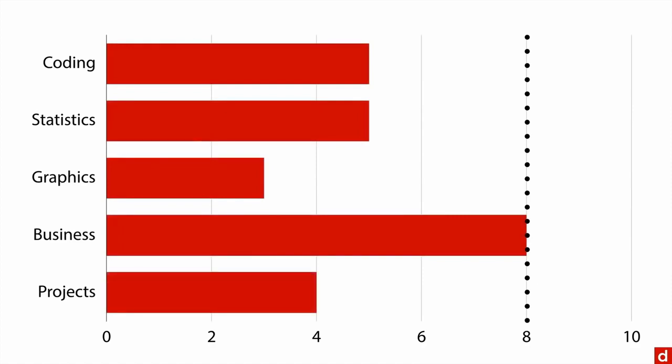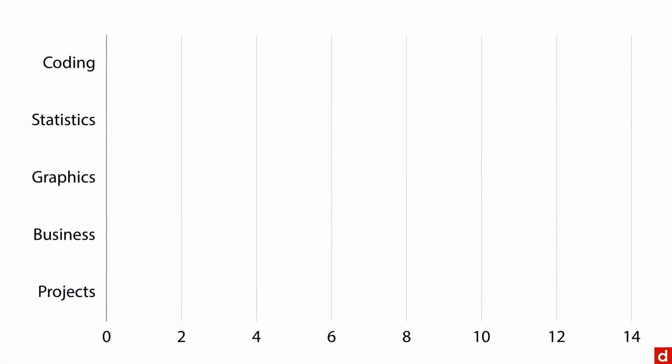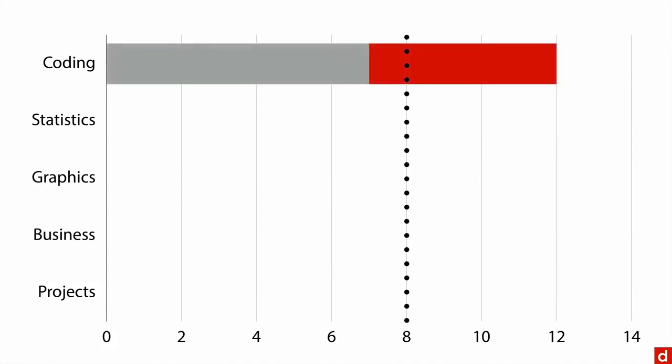Now, the important thing here is that we can make a team. So let's take our 2 fictional people, Otto and Lucy, and we can put together their abilities. I actually have to change the scale a little bit to accommodate the both of them, but our criterion still is at 8. We need a level of 8 in order to do the project competently. And if we combine them, oh look, coding's now past 8.